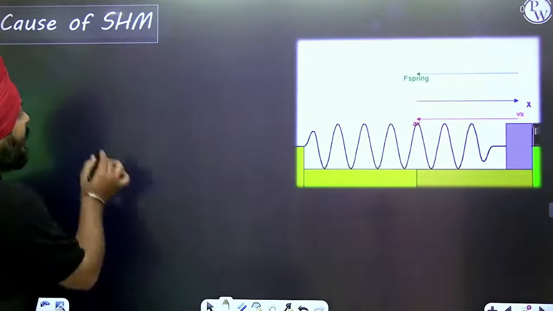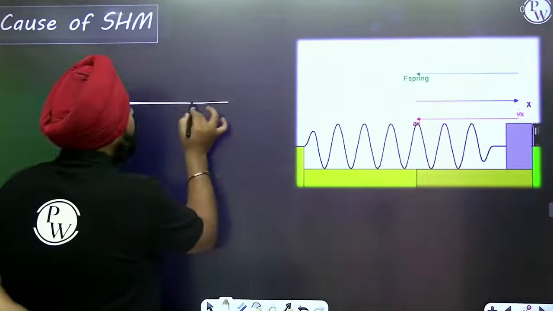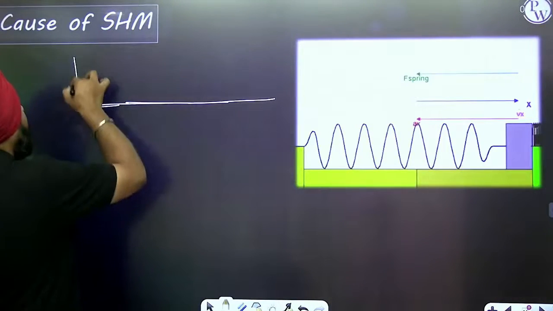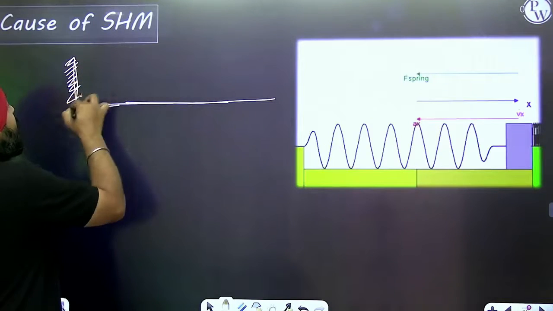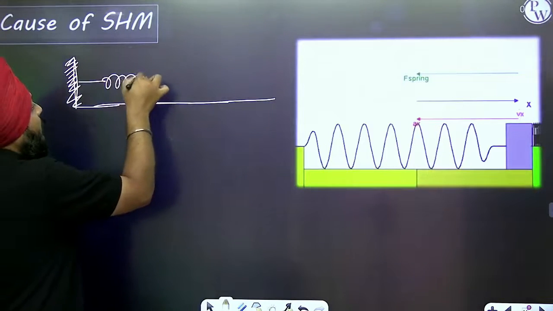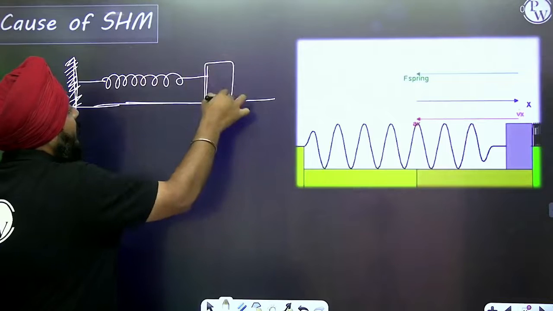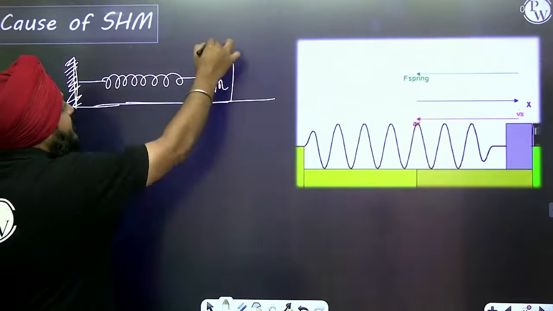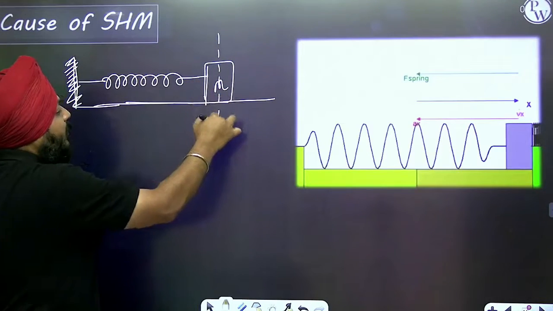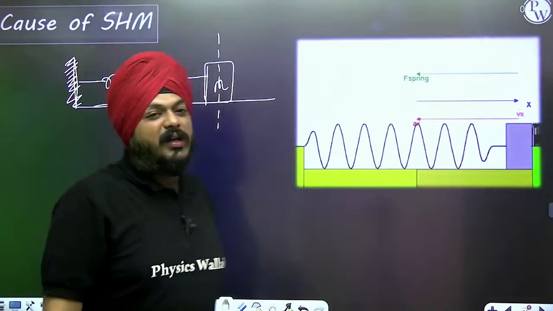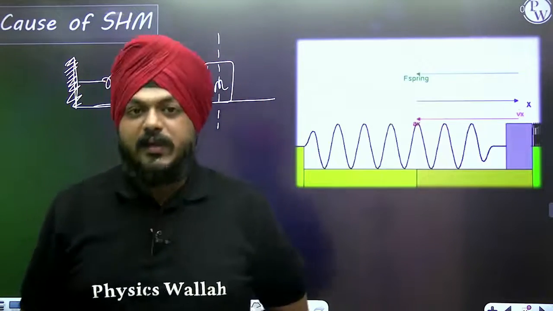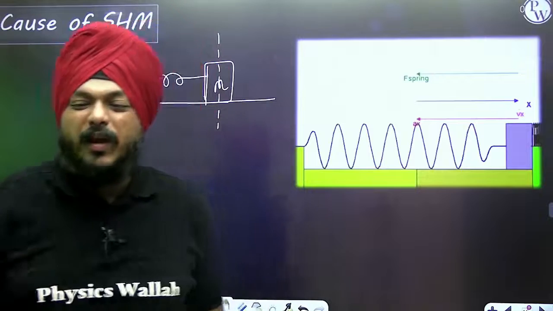Now we are going to understand that. For that, let's take an example. This is a rigid wall having a spring, and a mass is attached to the spring. Before discussing the reason, some parameters of the motion are discussed, but slowly we are moving on to that.